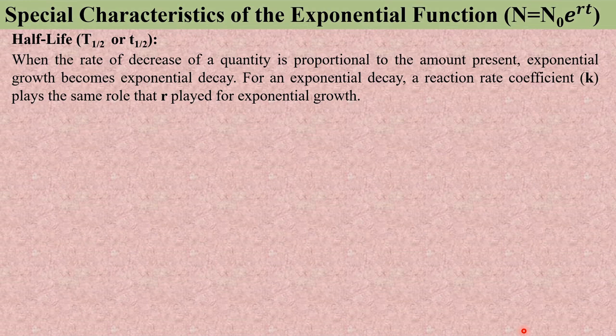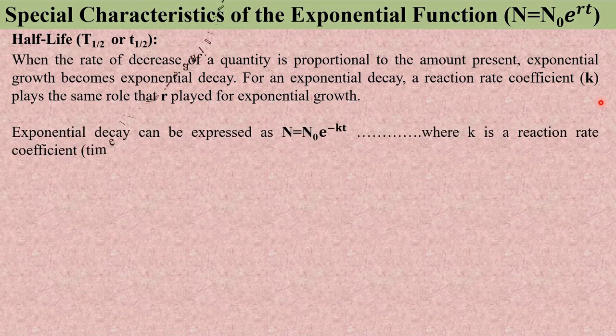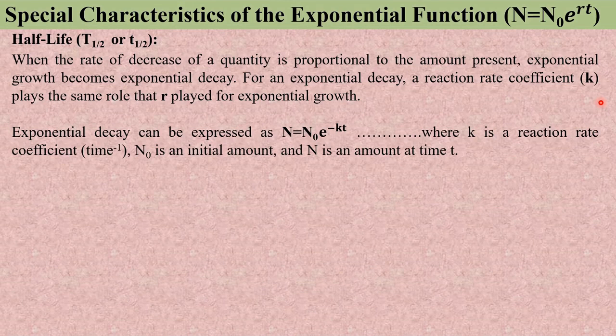So here the rate decreases with time, and that's why we slightly change the growth rate r to k. So the formula for exponential decay can be expressed the same as N is equal to N0 e to the power rt.